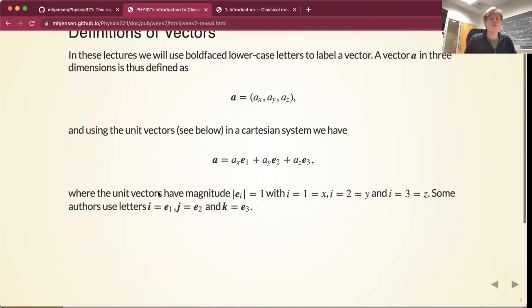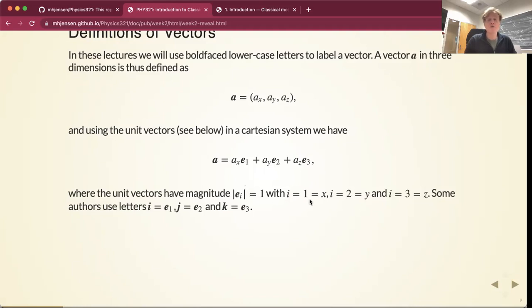And it's pretty common to write this out in terms of unit vectors. The textbook of Taylor sometimes mixes different definitions. It's pretty common to write the unit vector in the X direction as E1, the one in the Y direction as E2, and the one in the Z direction as E3. These are unit vectors, which means that their magnitude is equal to 1.